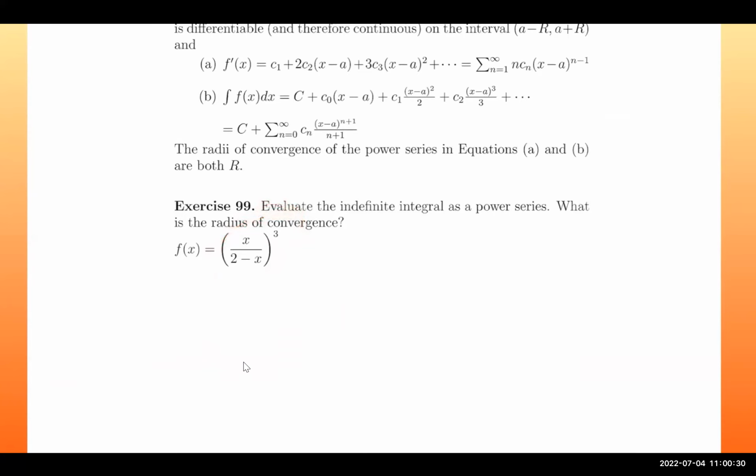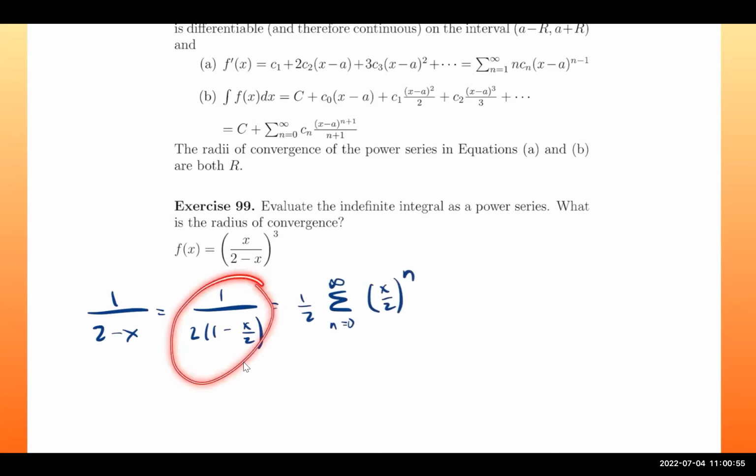You have to have a little bit of intuitive sense to know that you should probably start with this function, 1 over 2 minus x, which can be written as 1 over 2 times (1 minus x over 2). And now we can write that as a power series. The 1/2 comes out, n equals 0 to infinity, and then we have x over 2 to the n power.